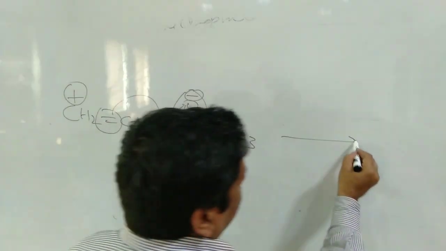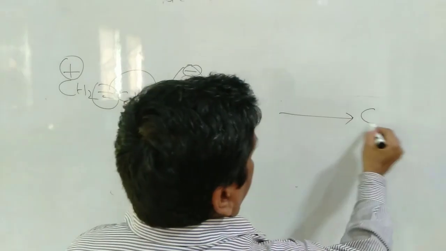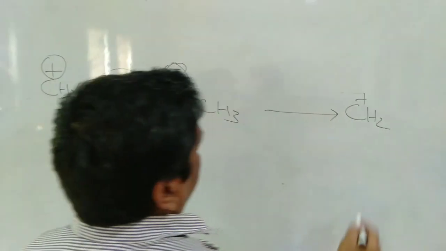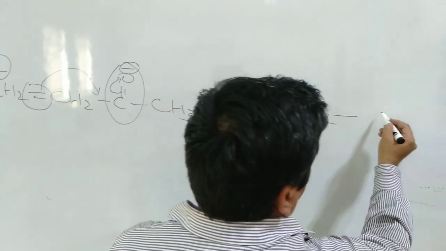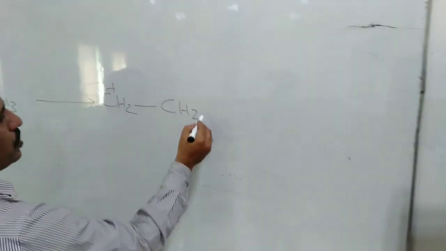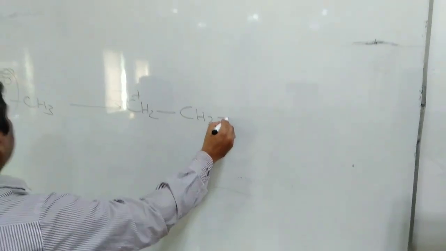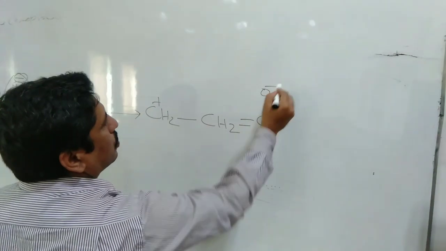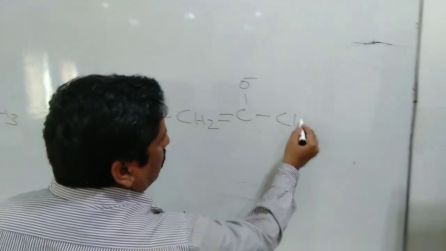In the next structure, CH2 positive, CH2 double bond, C oxygen negative, and CH3.